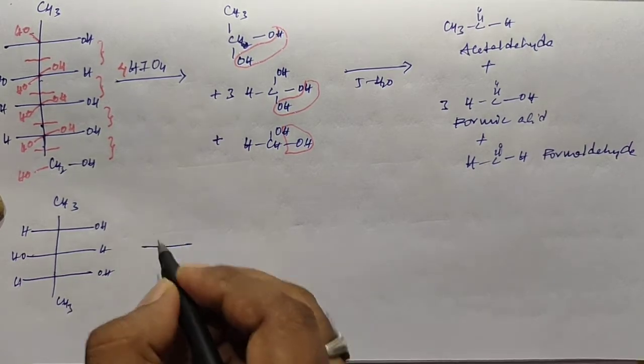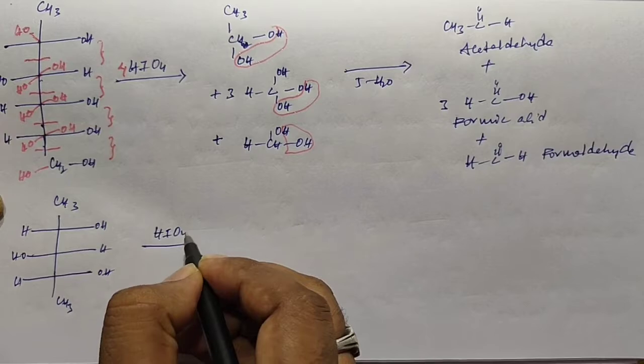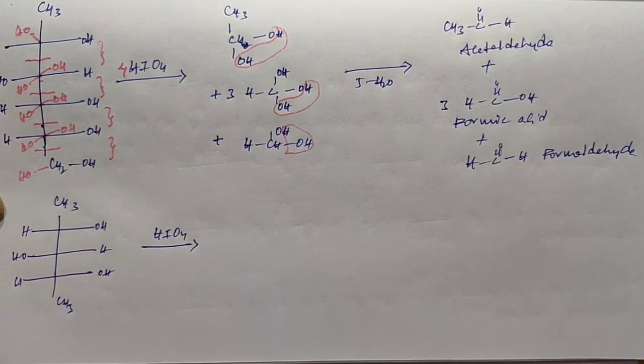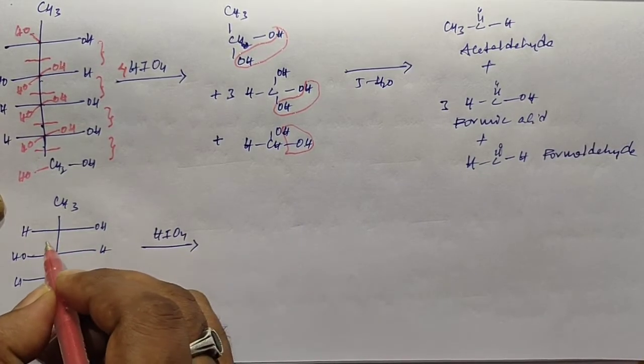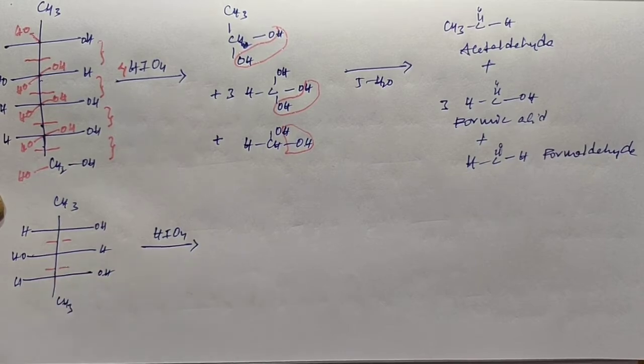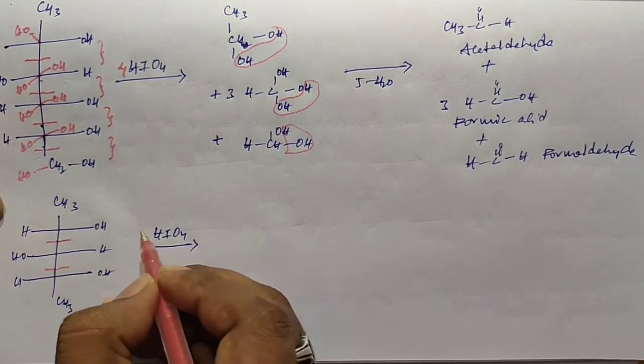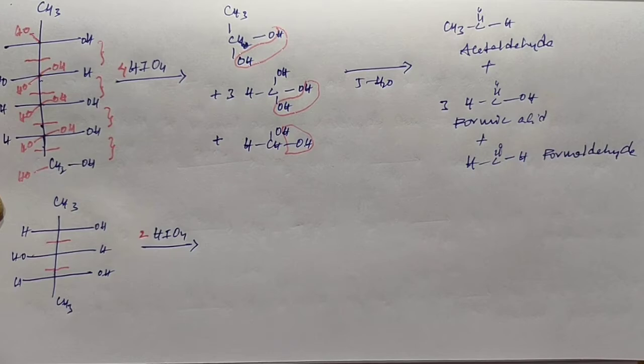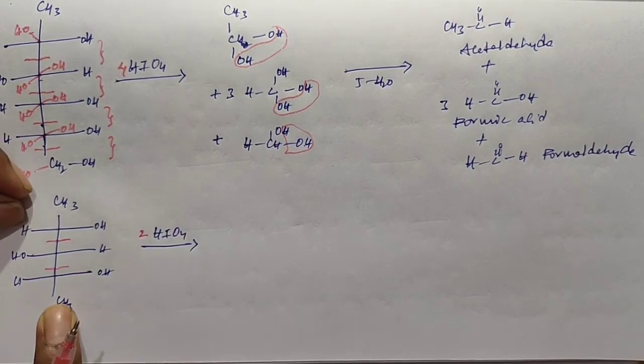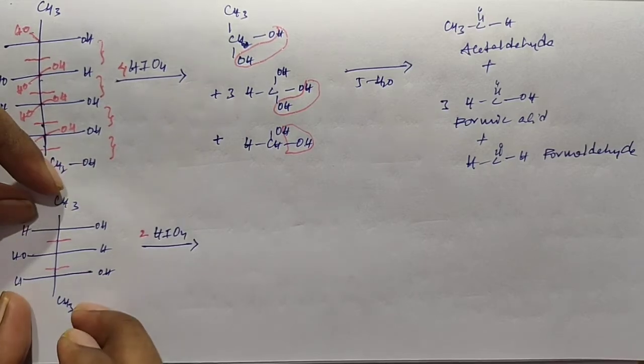So this is the next compound. When this compound reacts with periodic acid, the breakdown can be possible like this. Two big breakdowns can be possible, so we need 2 moles of periodic acid. Both parts look the same way, so it is a symmetrical compound. This part and this part.